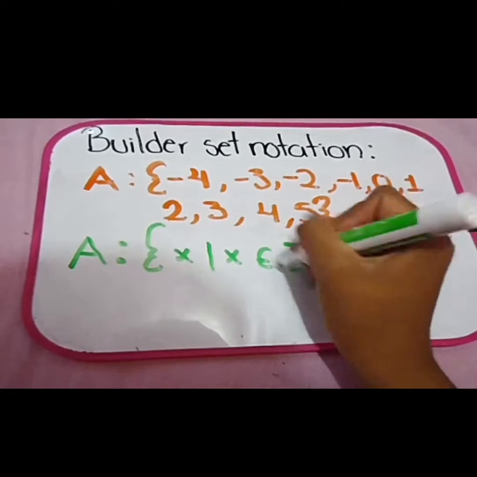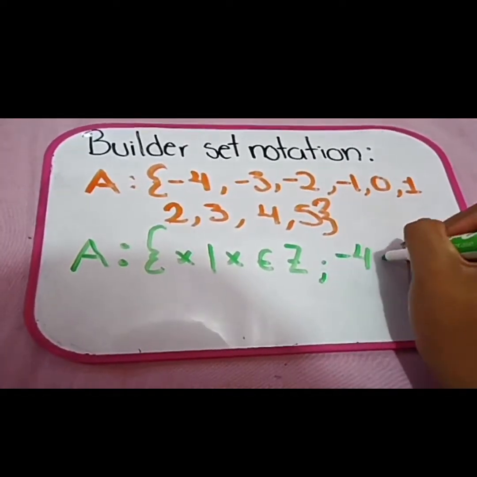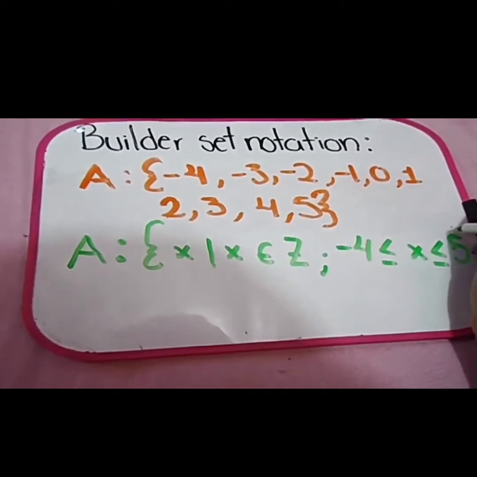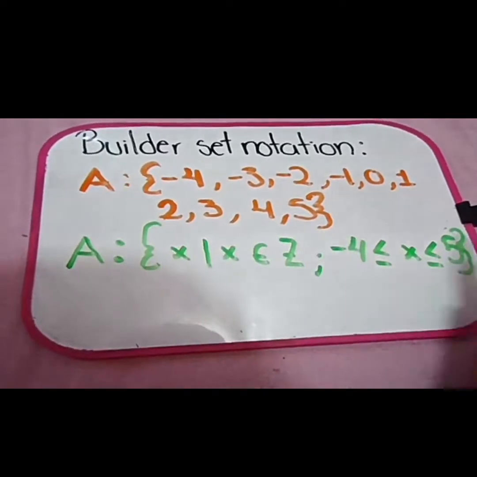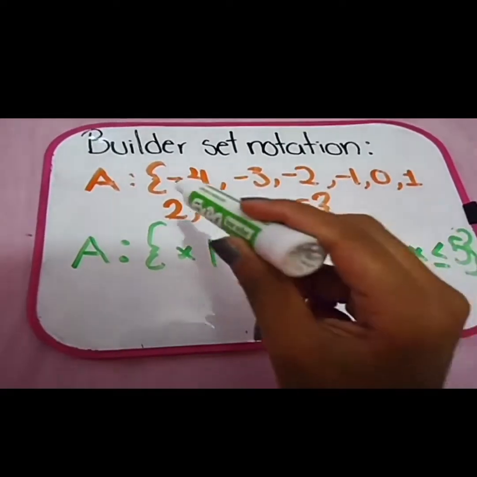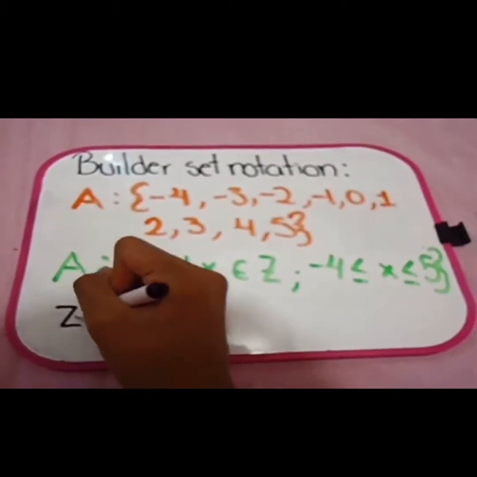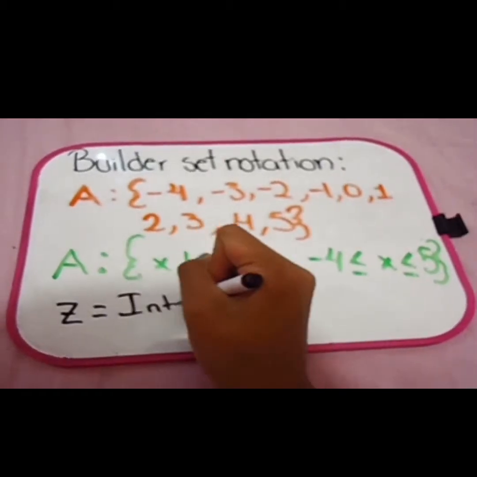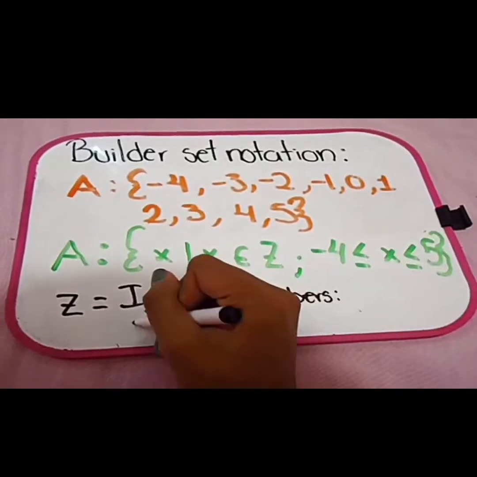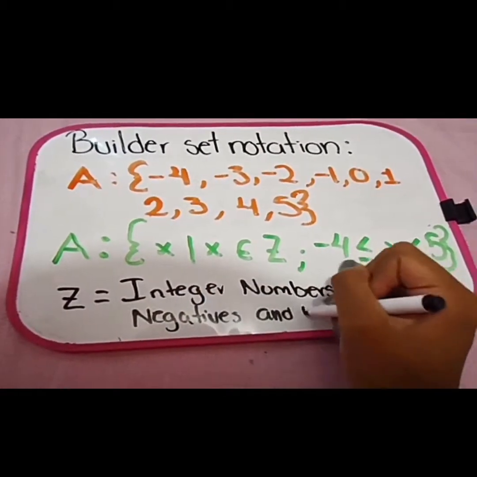Then we're gonna put the formula. We're putting the Z because we have integer numbers. And then we're gonna specify that we want to put the -4 and then the 5, smaller or equal to those numbers, because we want to specify that we want to include those numbers in our set, and all the numbers that are between those numbers.